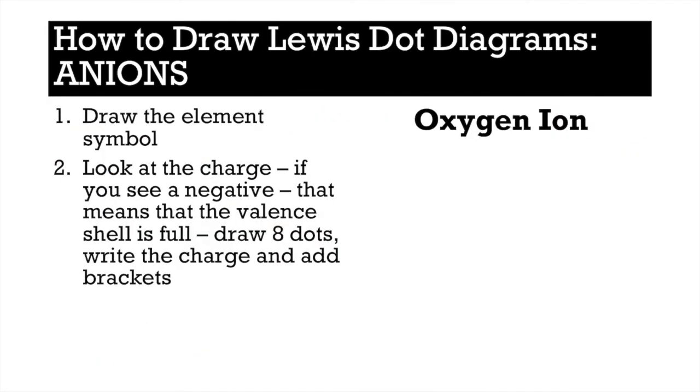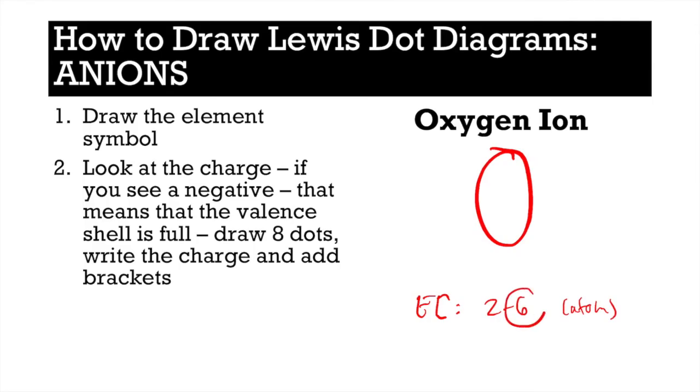So when we're drawing dot structures for anions, there's a shortcut, and I'll show you that shortly, but let's go about it the long way. So oxygen is O, and the electron configuration is 2-6. Remember, this is your atom. So with those 6 valence electrons, the oxygen atom will gain 2 electrons to make that perfect 8.